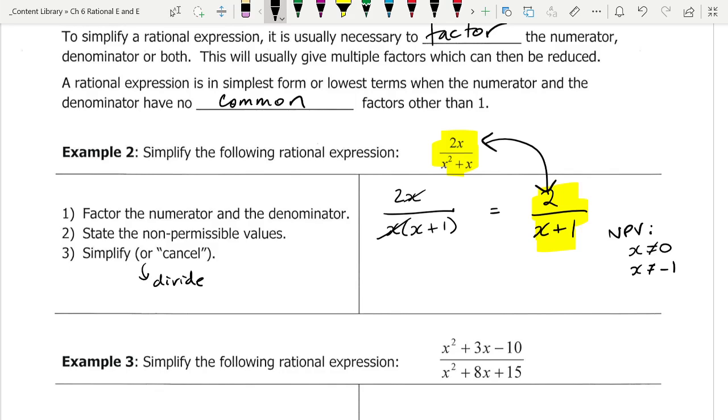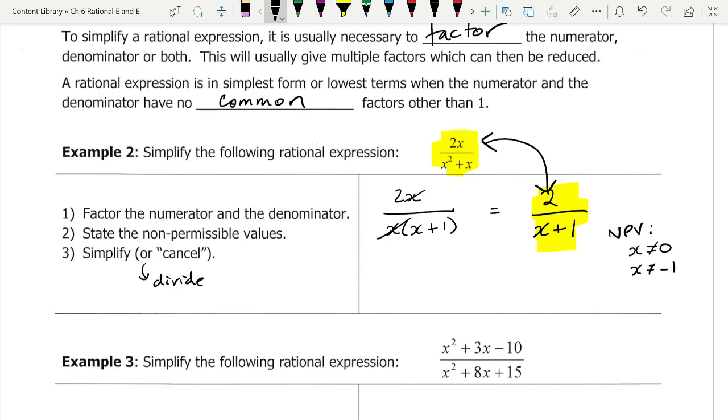And if I plug 0 into this, I get 2. If I plug 0 into this, I get an undefinable statement. So they're not equivalent when x is 0. This one doesn't even exist when x is 0, right? Because I'd have 0 divided by 0, which is not a defined number.